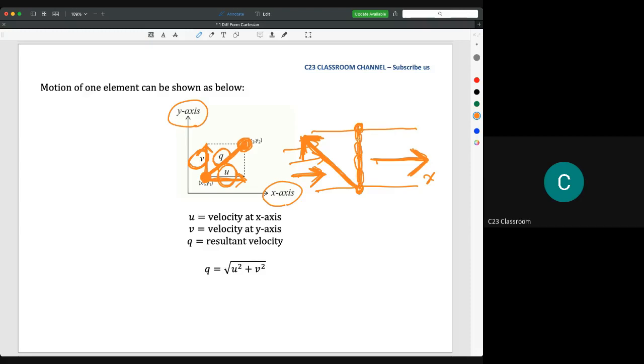So this is the basic idea of component velocity. The component velocity can actually be proved in real life. In physics, you must understand and believe that the existence of component velocity reflects the real situation.